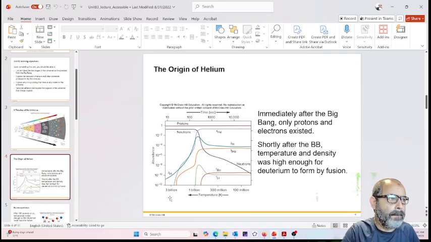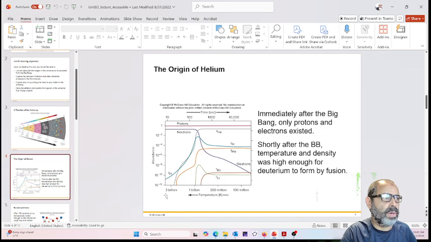And the temperature as it goes higher and higher in here, and what the processes are. Obviously, the protons form first, and then the neutrons.